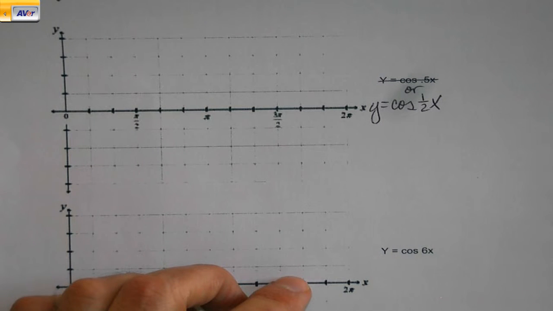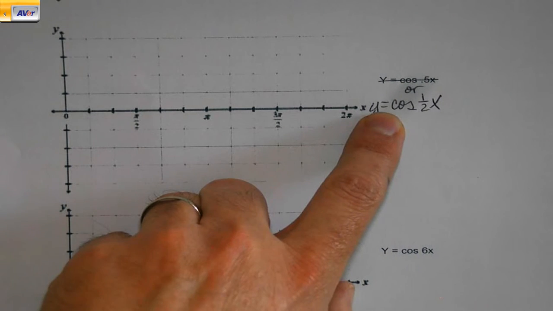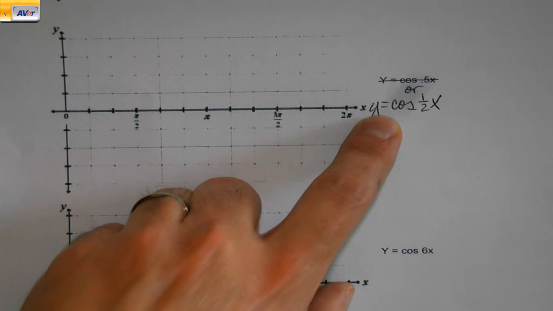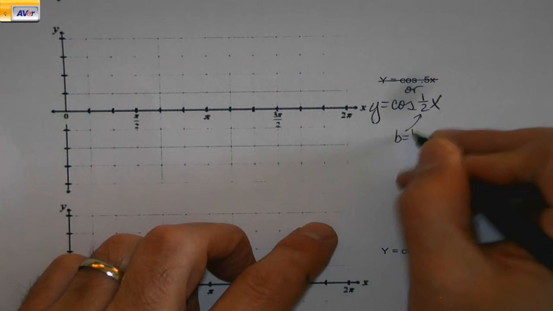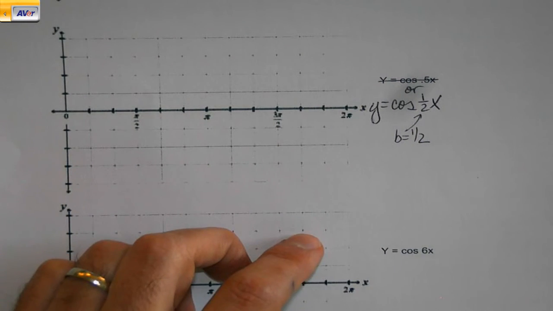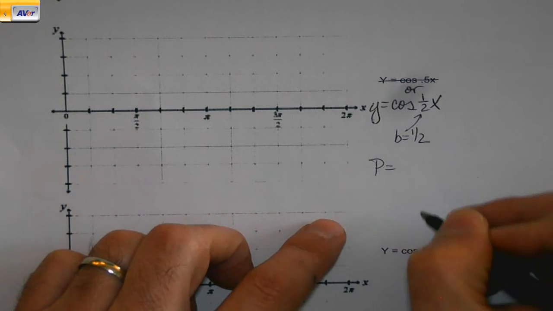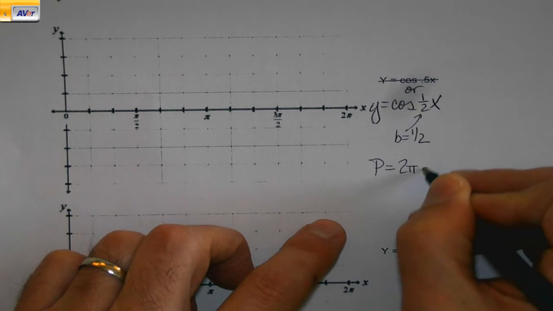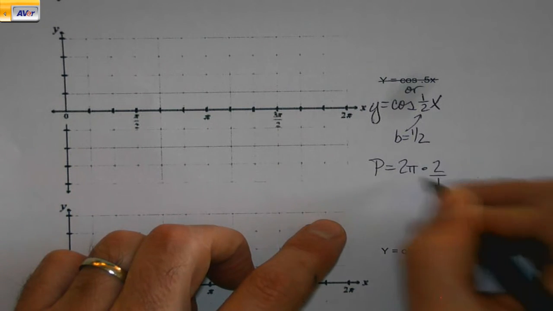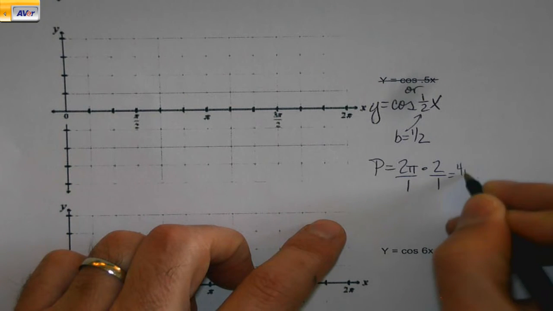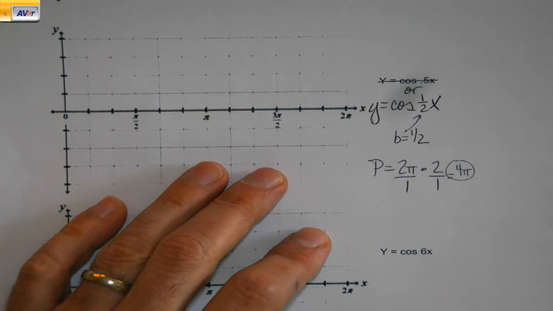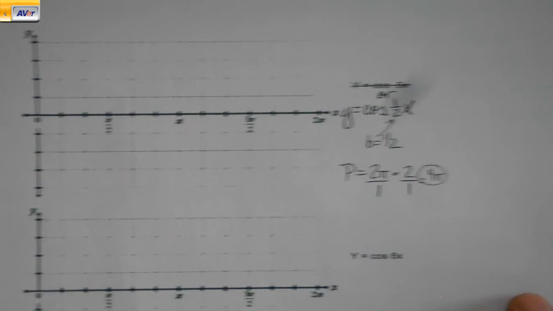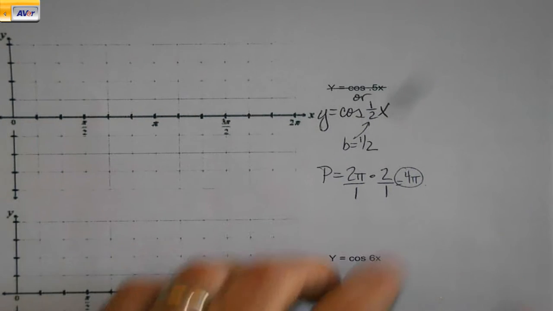So I look, and I'm like, okay, I don't see a number in front of cosine this time. So if I want to, I could say it's 1. But what I'm interested in here is that my b value is a half. So my period is going to be 2 pi times the flip of that. So when I go to make my chart here in a second, that last value that I get in the first column better be 4 pi or I'm in a little bit of trouble.